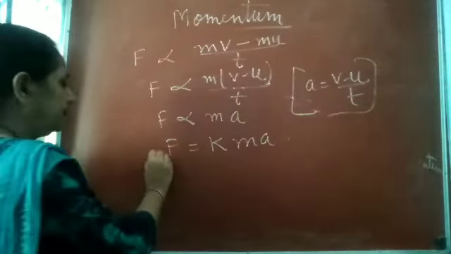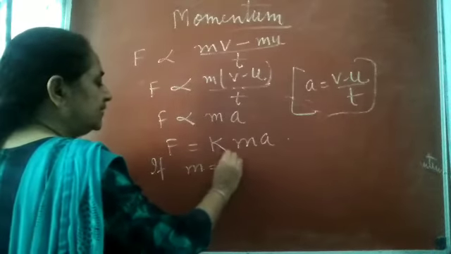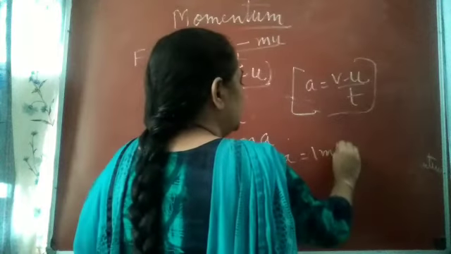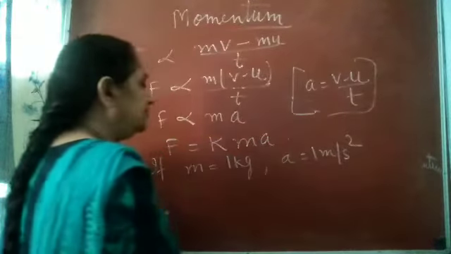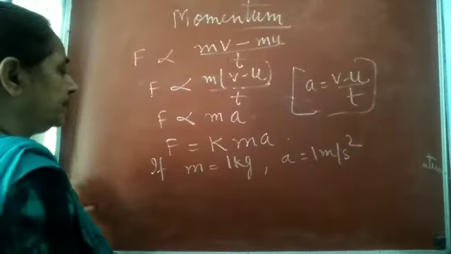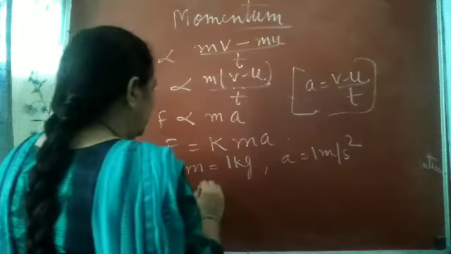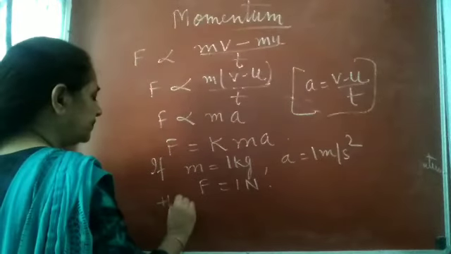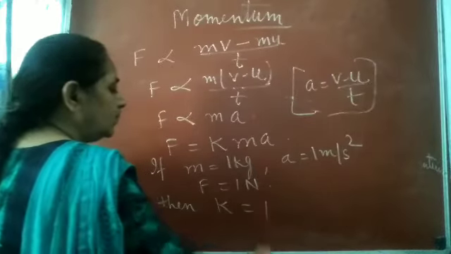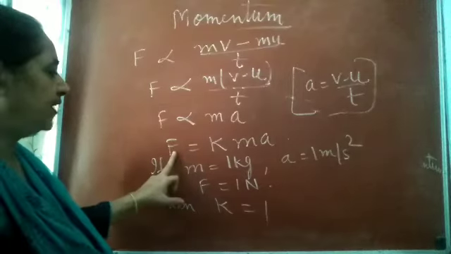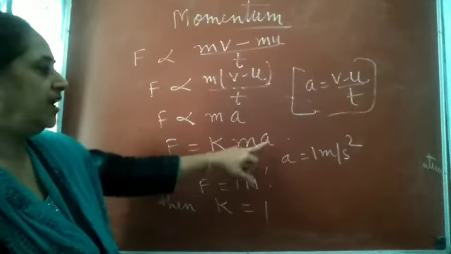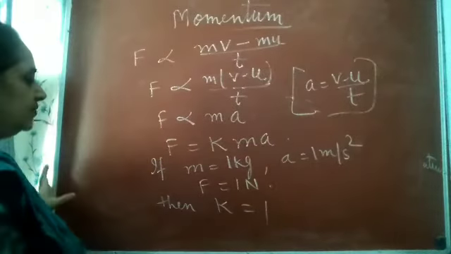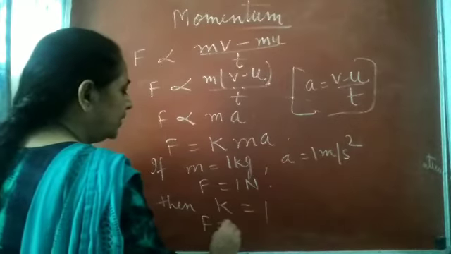Now if the mass of the object is 1 kg, the acceleration produced in the object is 1 meter per second square, and the force applied on the body is 1 Newton, then k equals 1. In that case, we will have F equals ma.